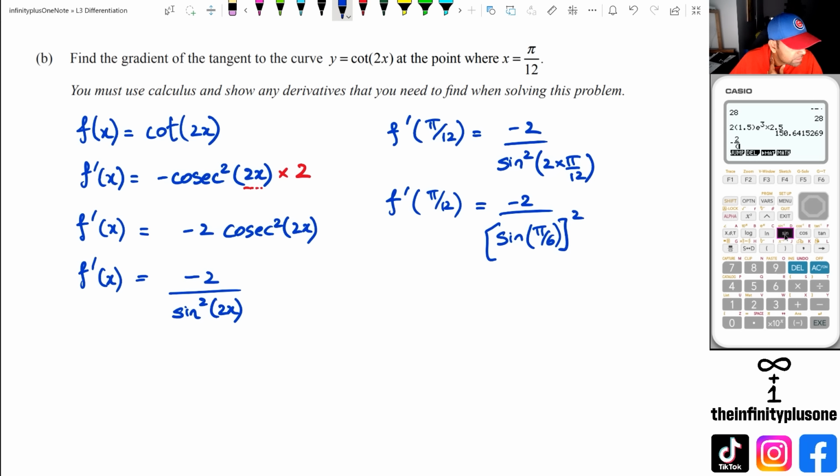So we're going to put sine and pi over 6, put that in brackets as well, and squared. Okay, that does not look right. I must have, thought so. Change that to radians. Let's try that again. There we go, minus 8. That's much better.